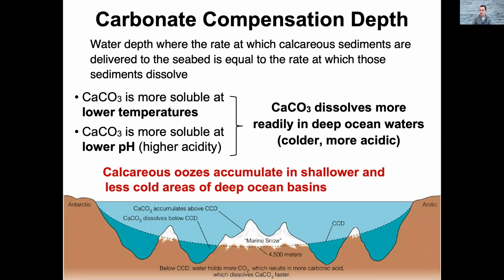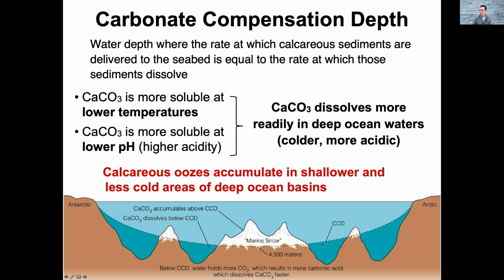Now, these shells don't accumulate uniformly on the sea floor. Depending on where they settle out, they might dissolve or not. So the carbonate compensation depth is essentially a horizon in the ocean below which calcium carbonate shells tend to dissolve and above which they can accumulate.